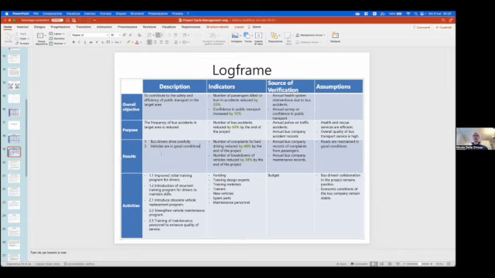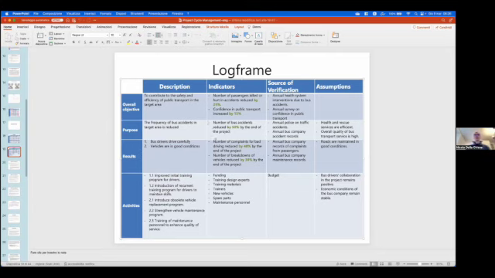I've seen that in many of the exercises, sometimes the activities are not organized according to the results. This is quite important because it really gives the reader a clear perception of the link between each activity and its result. So it's very helpful to assess the logic which is behind the project.